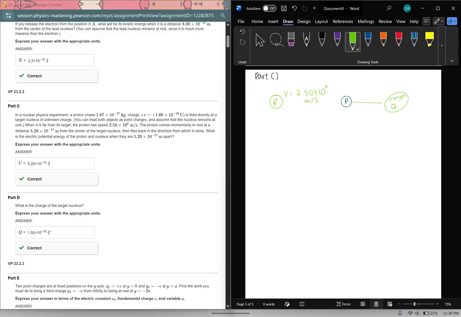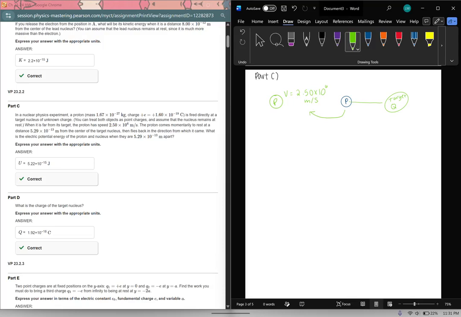So basically, far away from the nucleus, the proton has an initial speed of 2.50 times 10 to the 6th. So like right here. At the closest distance, 5.29 times 10 to the negative 13 meters, the proton momentarily comes to rest before moving away. So basically, it's going to bounce back.